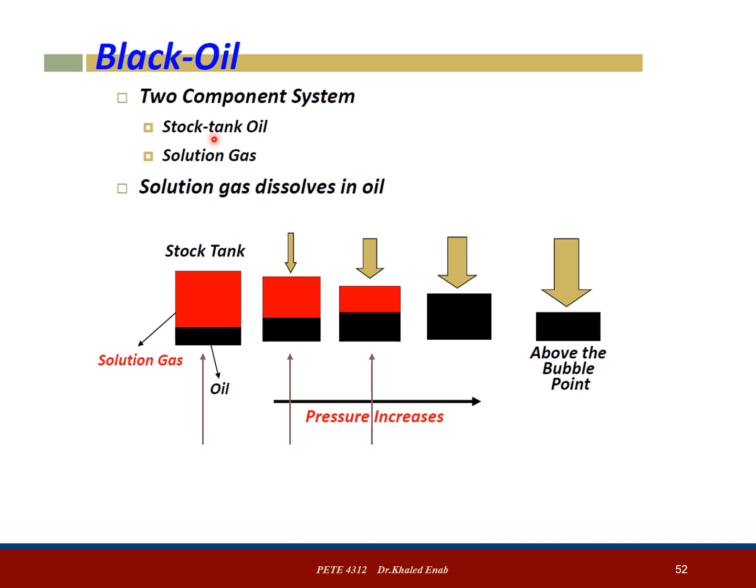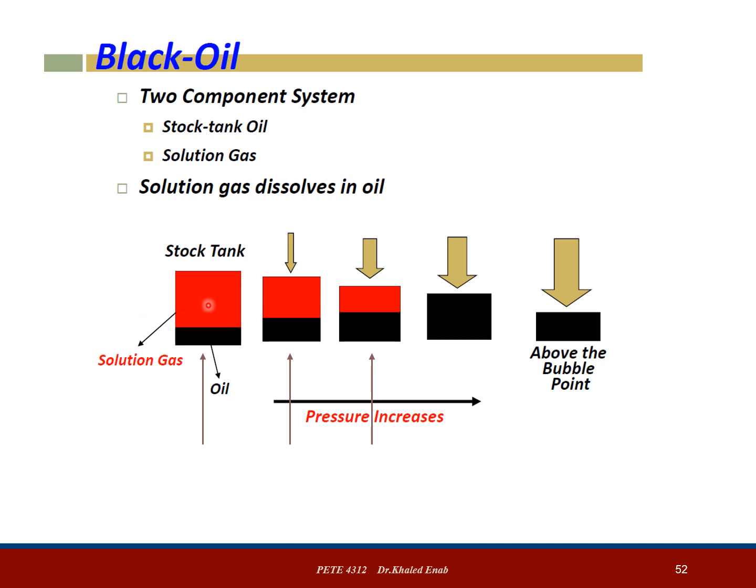This separation facility will produce gas, which is known as free gas or surface gas. And we have the oil that is left in the liquid phase. We call it stock tank oil or stock tank fluid. And solution gas. So at the surface, let's assume this is what we have at the surface condition.